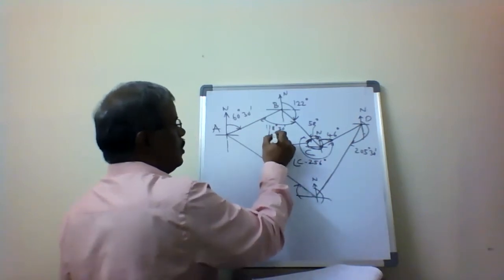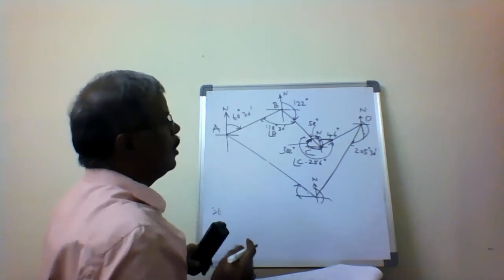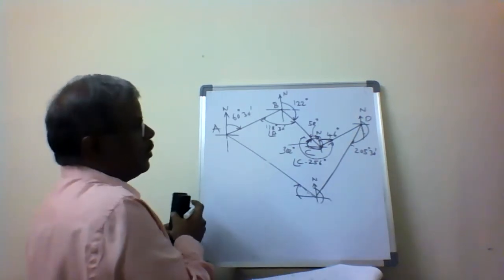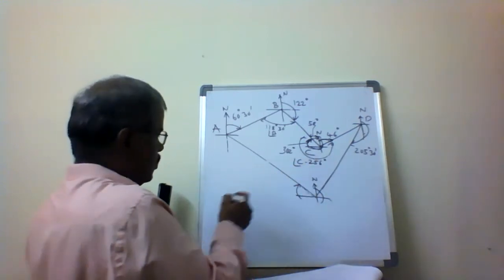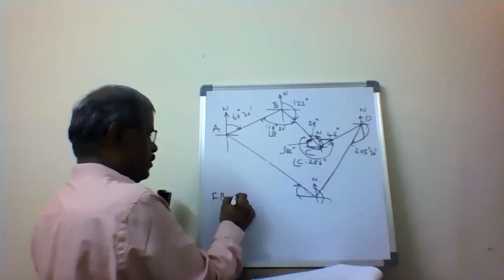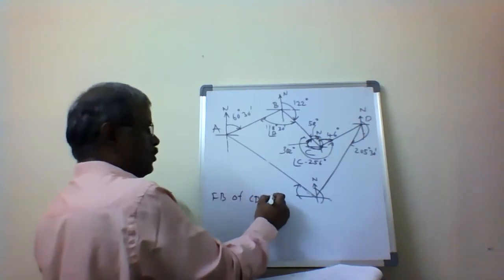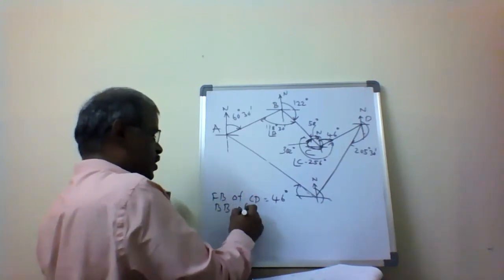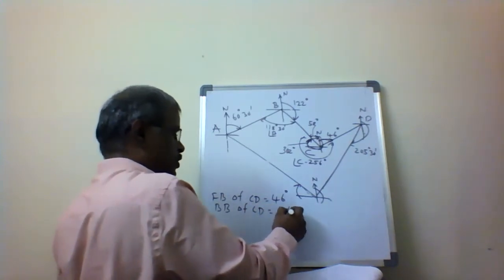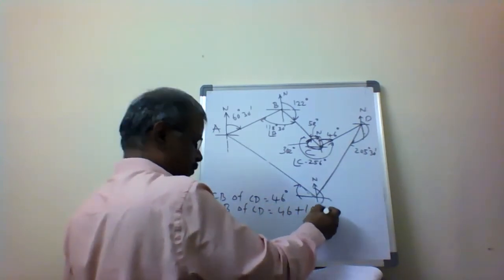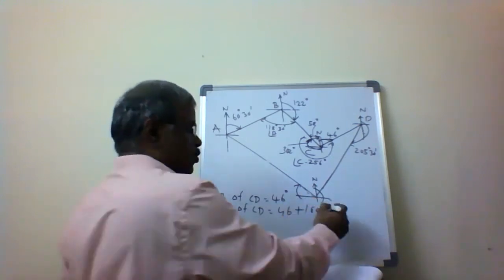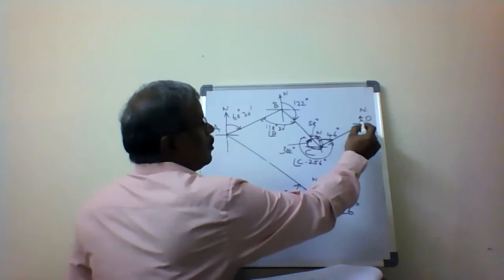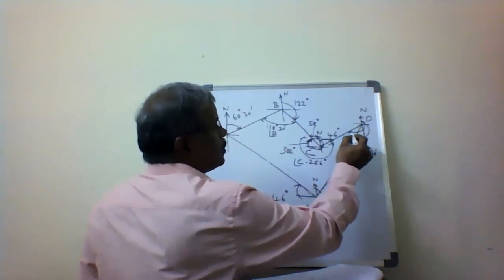So angle B is 180 degrees 30 minutes. Now from C to D, the forward bearing and backward bearing are given: the forward bearing of CD equals 46 degrees, and the backward bearing of CD equals 46 plus 180, which is 226 degrees.